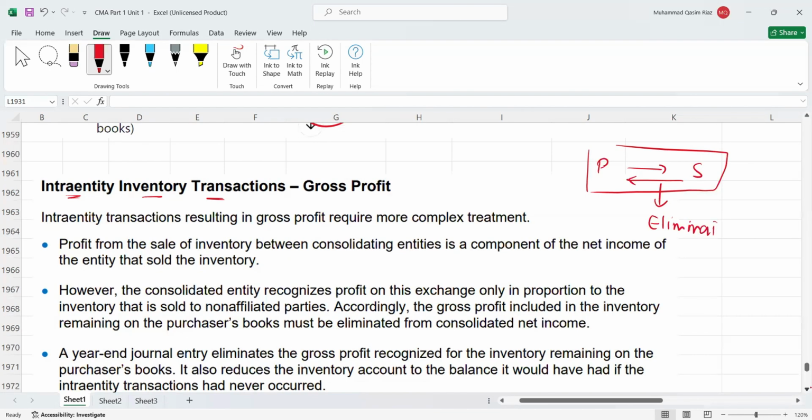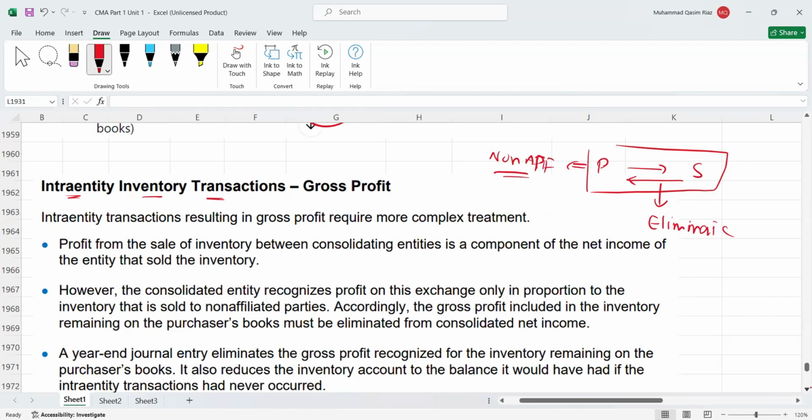Why are we eliminating? Because while we prepare consolidated financial statements, we assume the parent and subsidiary are one economic entity. That we have to eliminate. But if the parent is selling any goods to a non-affiliated party, meaning third parties, that will not be eliminated.